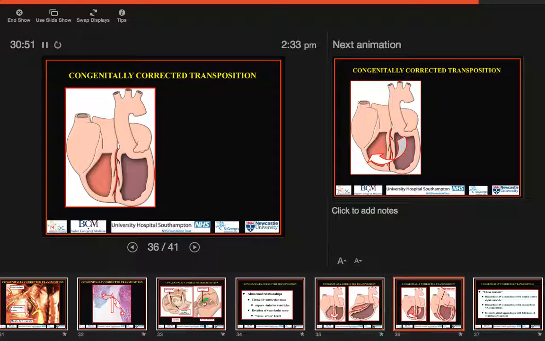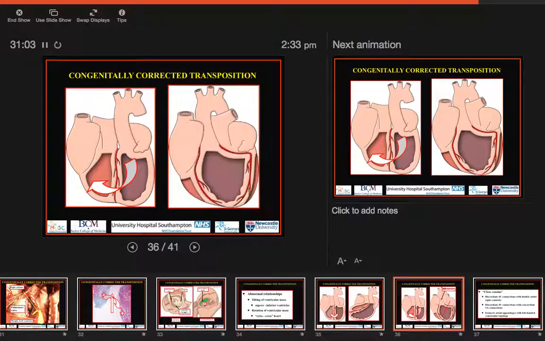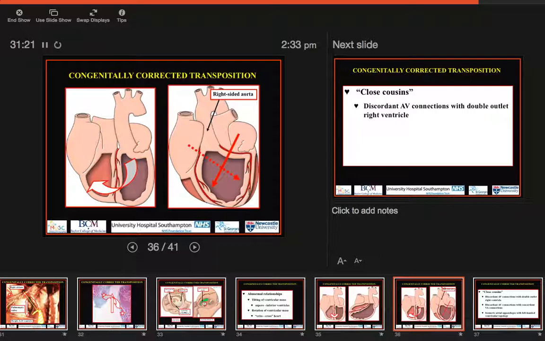We can also have rotation, and the rotation can lead us to the situation where we see a right-sided aorta, even though we have left-handed ventricular topology. And that is due to the twisting of the atrioventricular connections. And my good friend Shi Jun Yu from Toronto now makes the point that it's much better to describe the crisscross heart in terms of twisted atrioventricular connections.